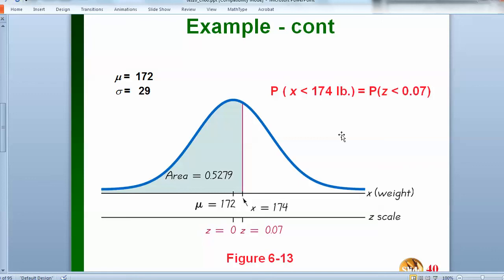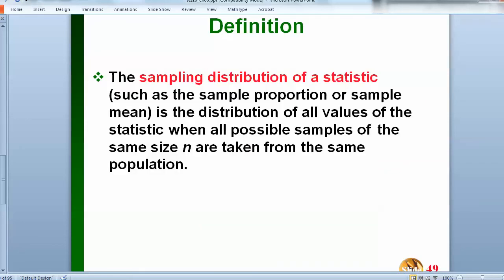Okay. Finally, let's bridge that gap from what we talked about so far to the central limit theorem. In section 6.4, we teach you about sampling distributions of a statistic, proportion or mean or range or whatever.